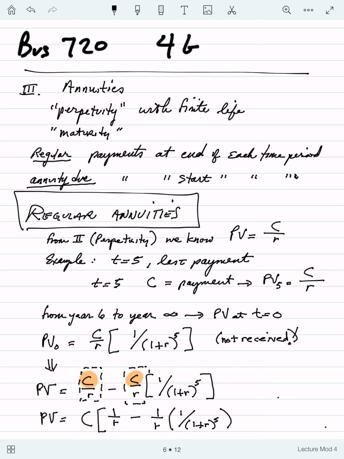So you have C times what we'll call an annuity factor. Inside the brackets is what's called the annuity factor.